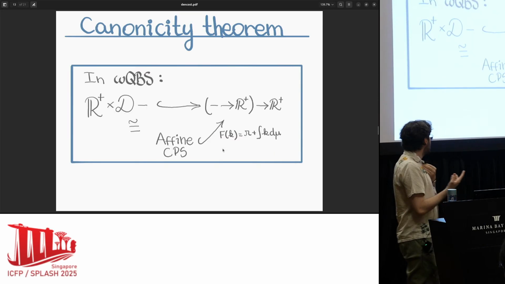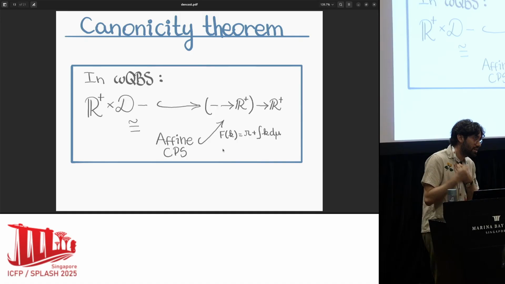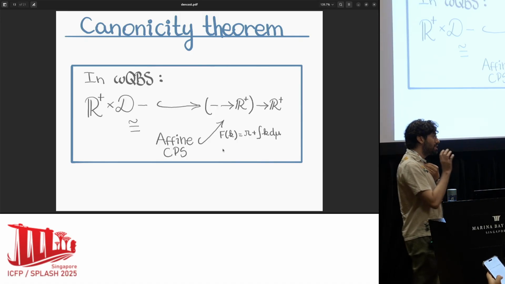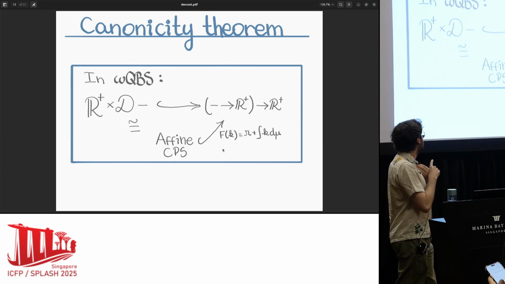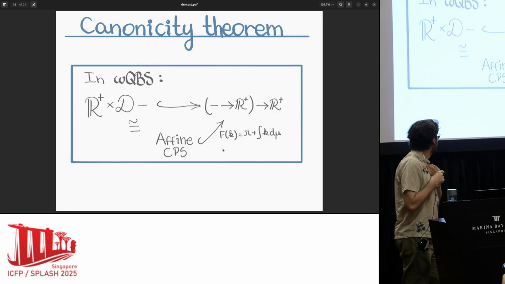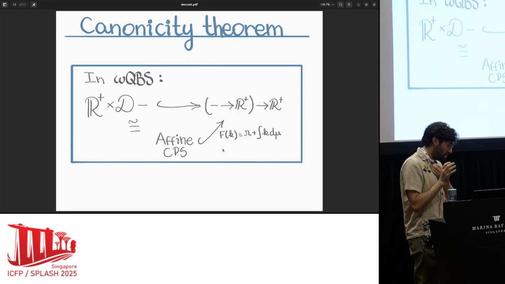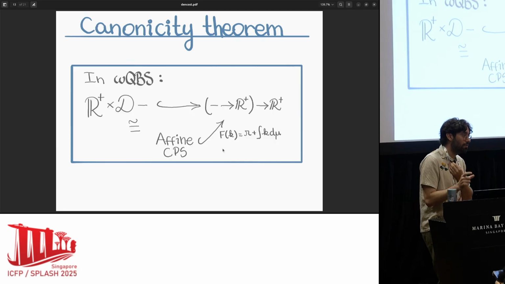And something else that we can say in this case is that if you look at the concrete semantics we have used, you can actually prove something even stronger, which is that in the category of quasi-Borel spaces with order, the expected cost monad is exactly the affine fragment of the continuation monad.